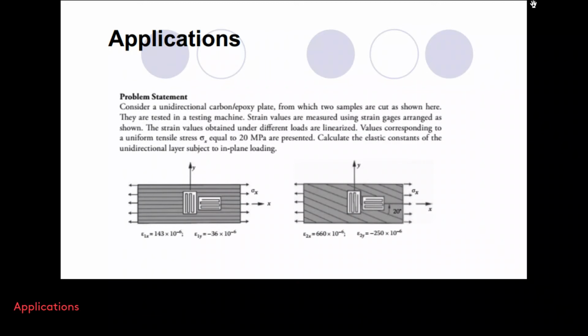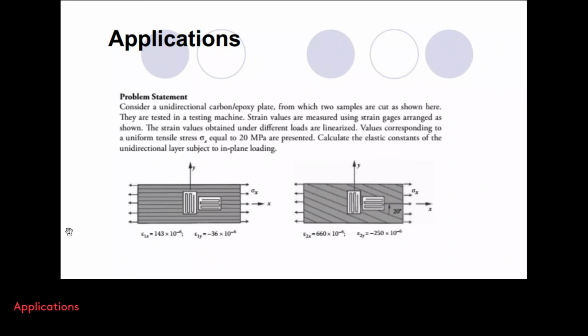Strain values are measured using strain gauges arranged as shown. Strain values obtained under different loads are linearized. Values corresponding to a uniform tensile stress sigma x equal to 20 megapascals are presented. Calculate the elastic constants of the unidirectional layer subjected to in-plane loading.